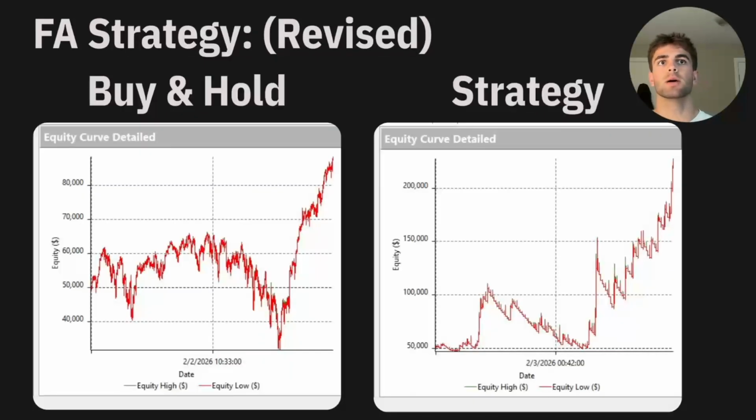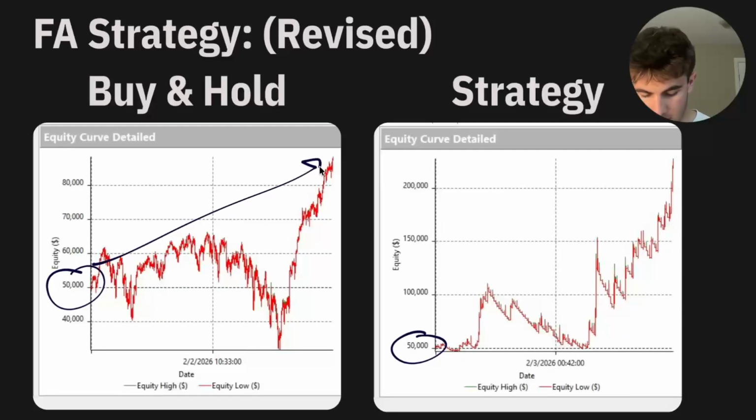This just about made my day, comparing the equity curves of a buy and hold strategy versus the optimized strategy that we've been going over. As we can see, same starting equity, 50,000, 50,000. Buy and hold, yes, does go up over the period of time. However, it goes up about 40,000.